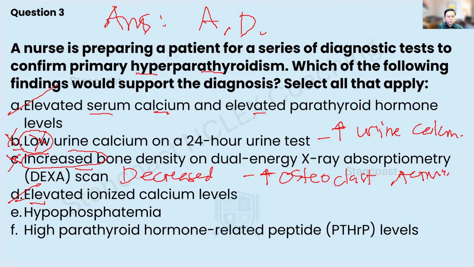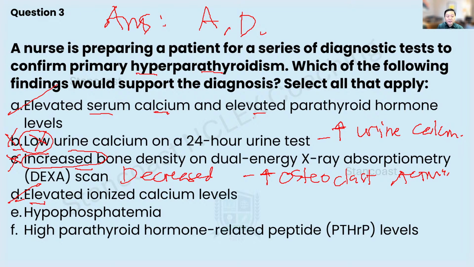What about letter E? Hypophosphatemia. Will there be a decrease in the phosphorus or phosphate? Yes. Remember the inverse relationship between calcium and phosphorus or phosphate.